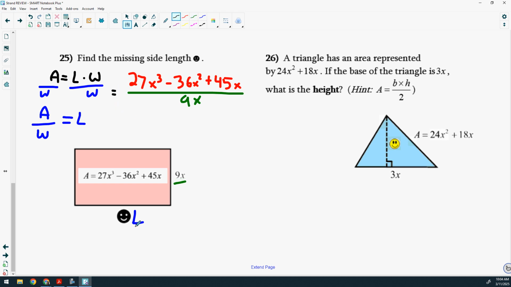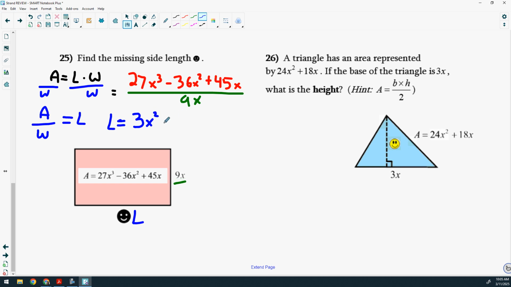And that will give me my length. So my length, again, doing it step by step, 27 divided by 9 is 3. X cubed divided by x, so we have 3 minus 1, which is 2, x squared.